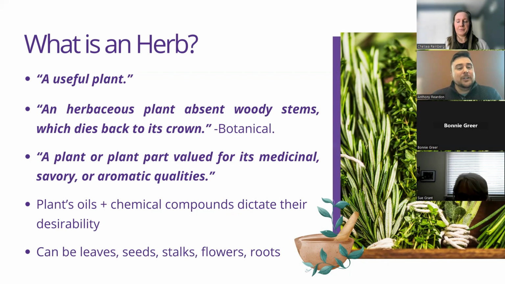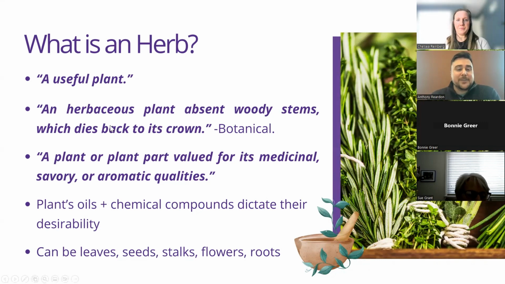The botanical definition is actually an herbaceous plant absent of woody stems, which dies back to its crown. Now, there are a lot of exceptions to this, right? We know rosemary is an herb. We know that sage is an herb. Both of those have woody stems. So the botanical term is loosely used when you're referring to herbs.